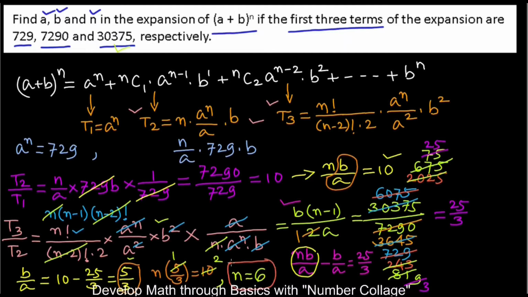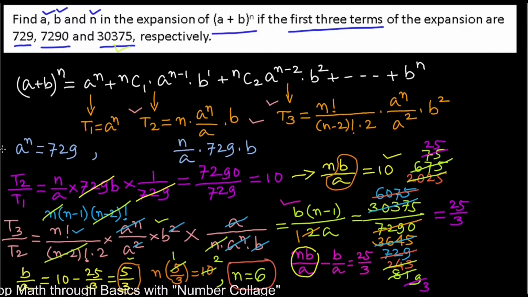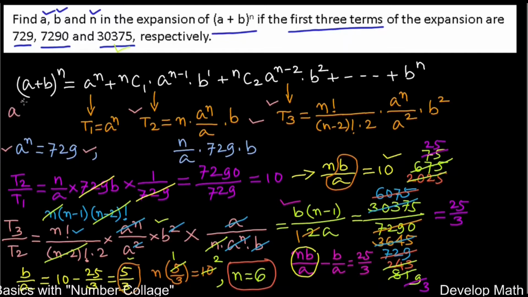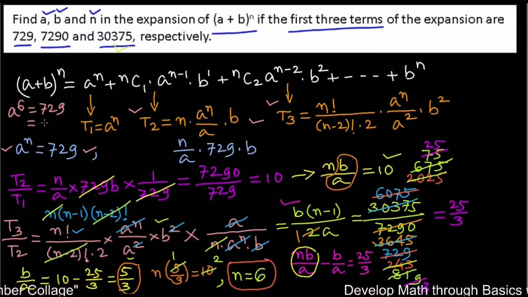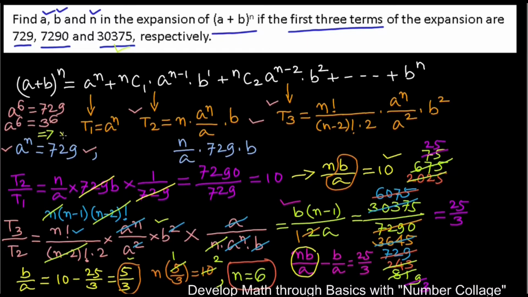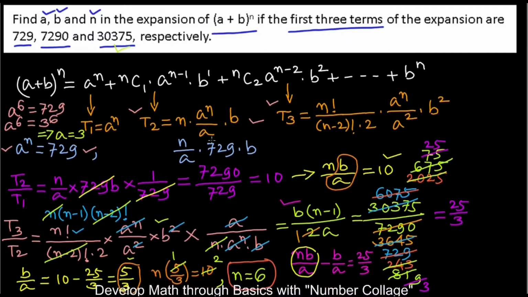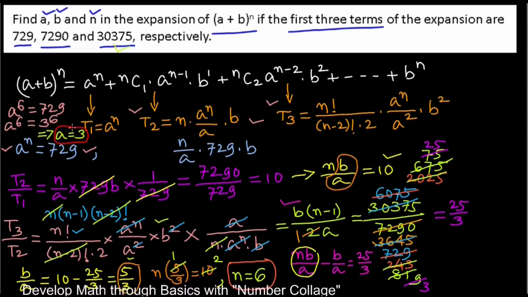n equals 6. Now here a^n is 729. So we write a^6 equals 729. But 729 is 3^6. So this implies a equals 3. So that is our second value, a.